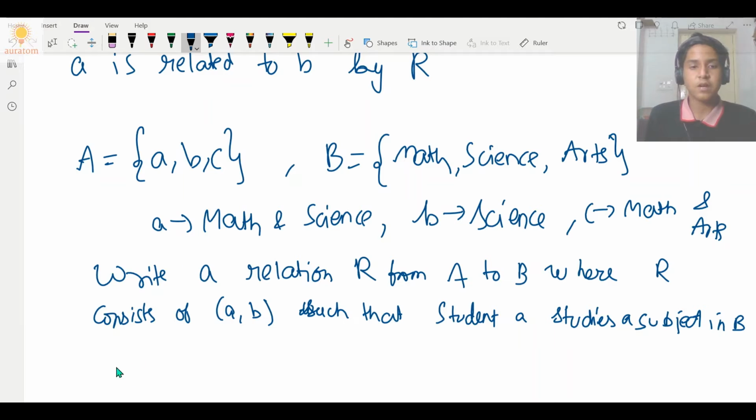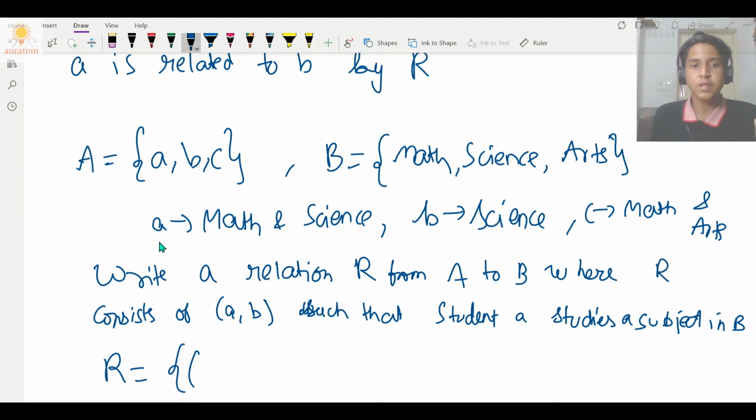The way we need to write the ordered pairs from A and B is we need to write elements here in A and then relate them to the elements in the set B through this relation, which says that we need to find the ordered pairs such that the student a studies subject b.